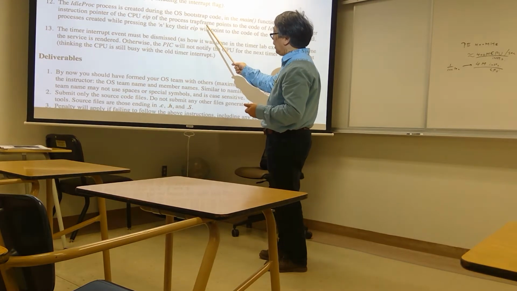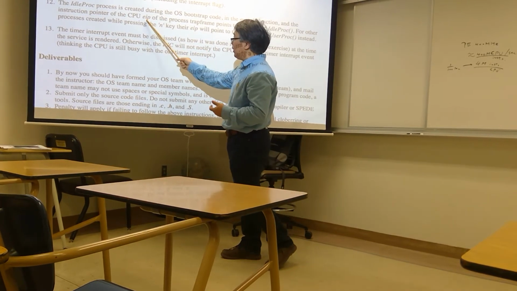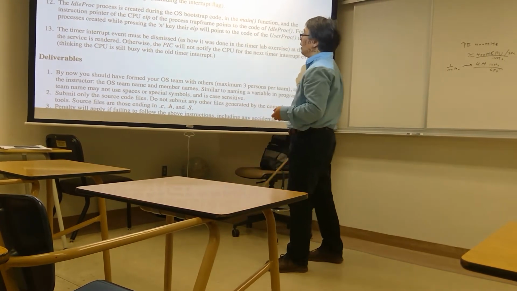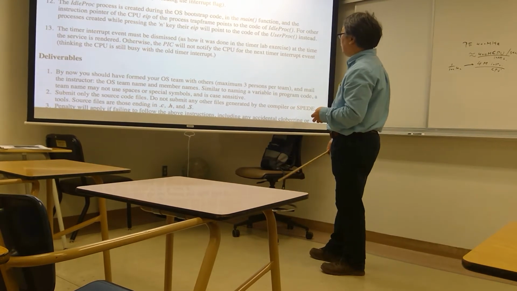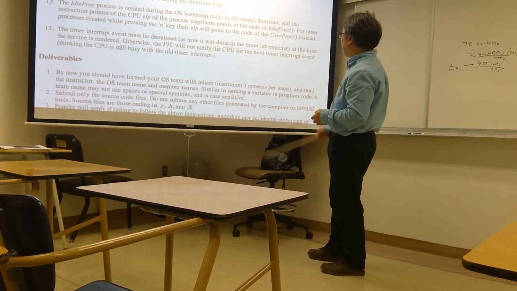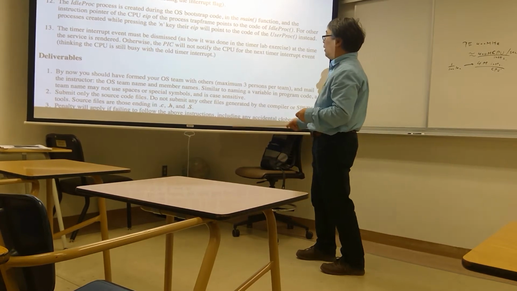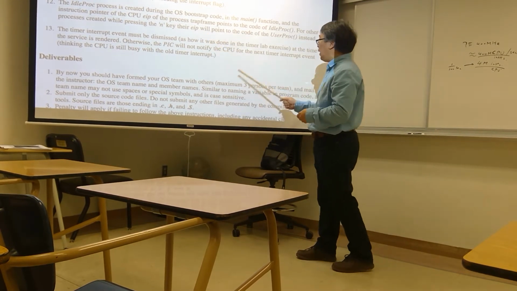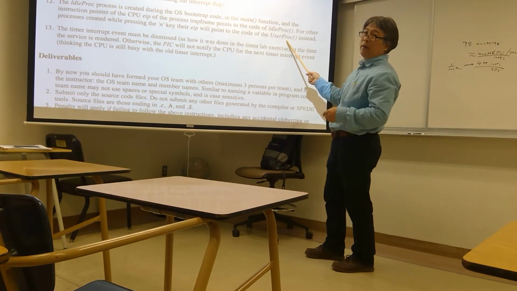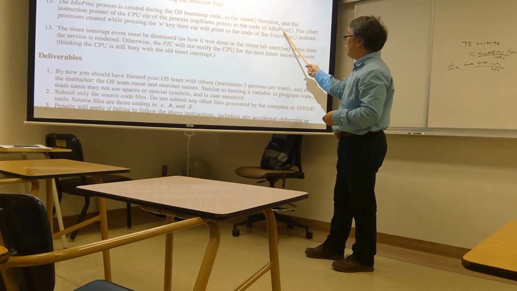Inside the trapframe, it contains the EIP, which points to the function to start running. So when the process starts to run, it runs this function. For other processes created while pressing the N key, we set the EIP in the trapframe to point to this one. Okay. So there's only one idle process.